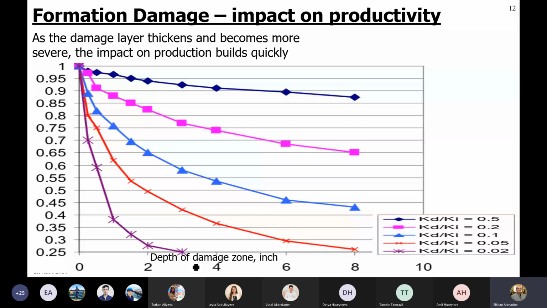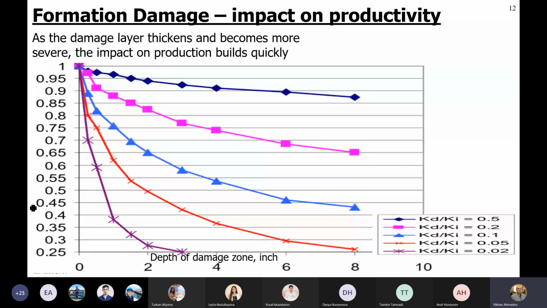Increased drawdown will cause further damage, like sand production, water breakthrough, instability in rock, etc. Also, gas dissolution in the near wellbore zone will cause relative permeability change, again another reduction in production.